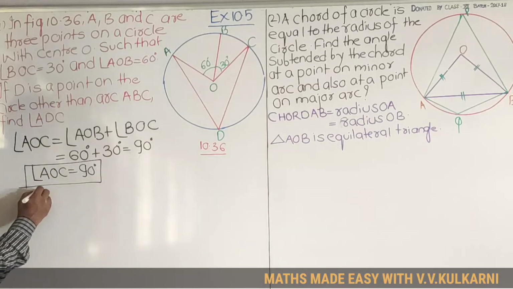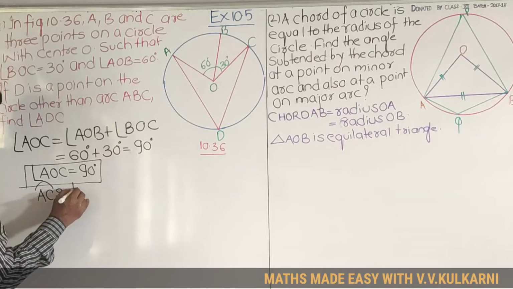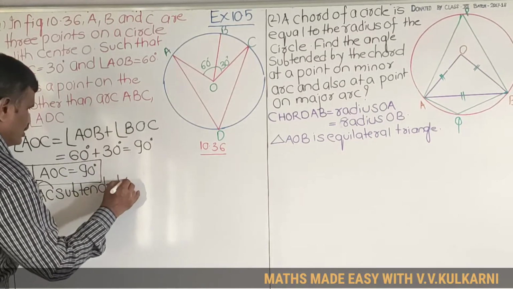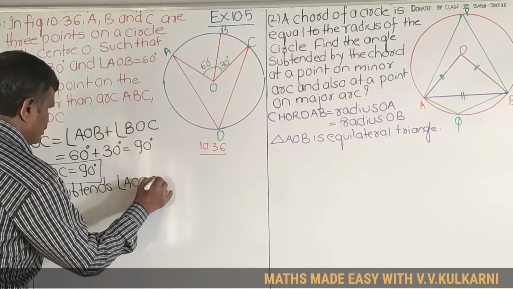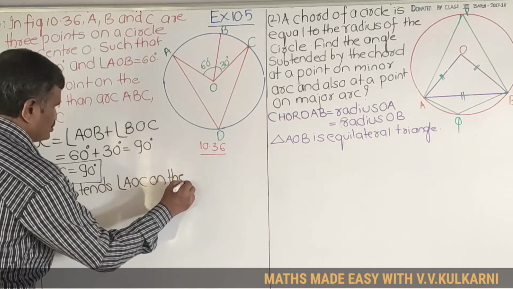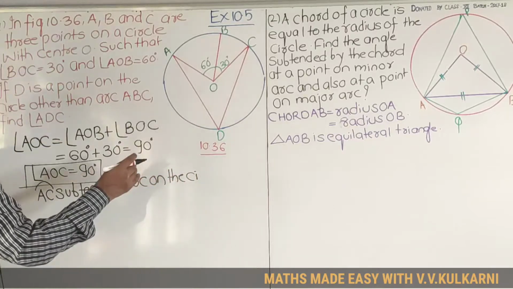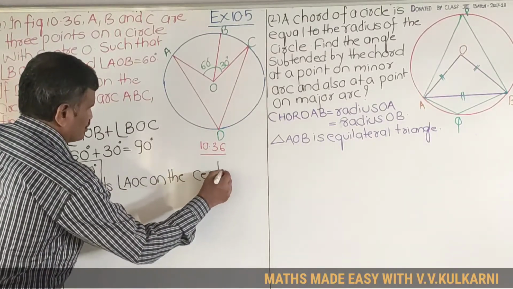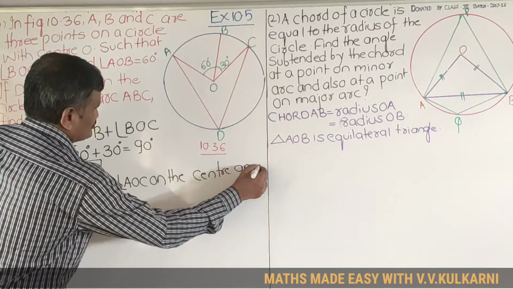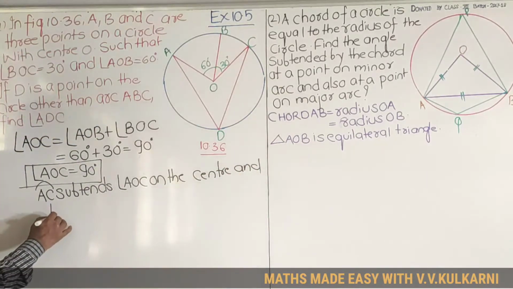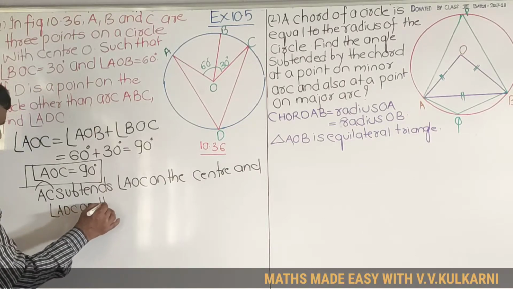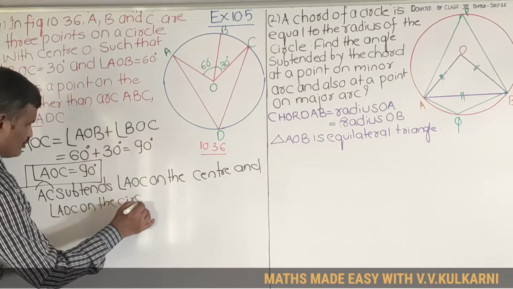What is it? Arc AC subtends angle AOC at the center and angle ADC on the circumference.